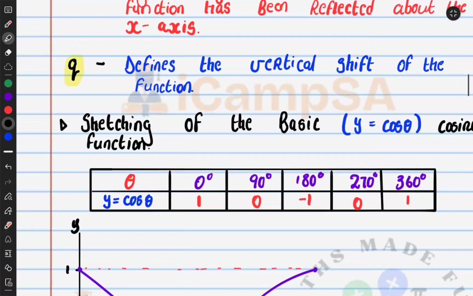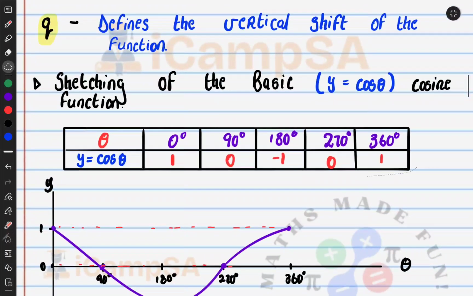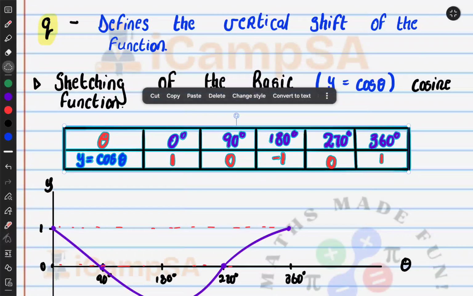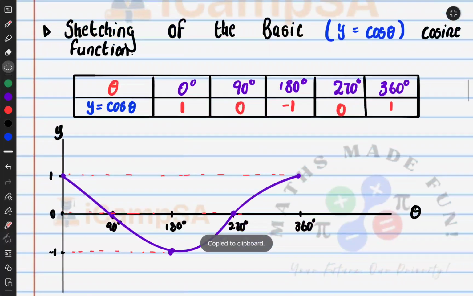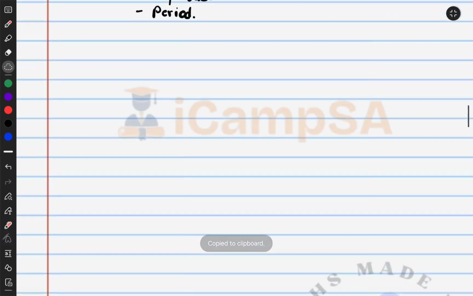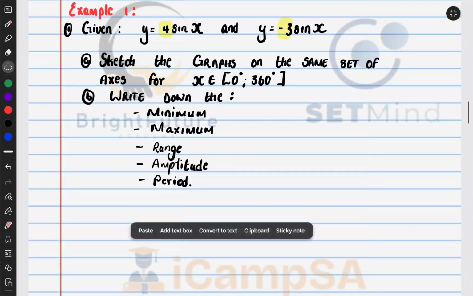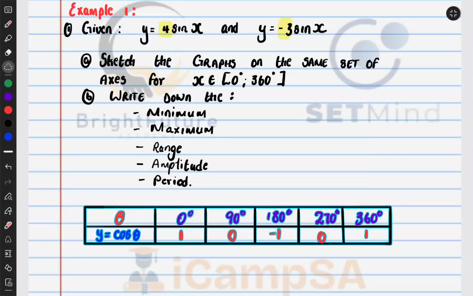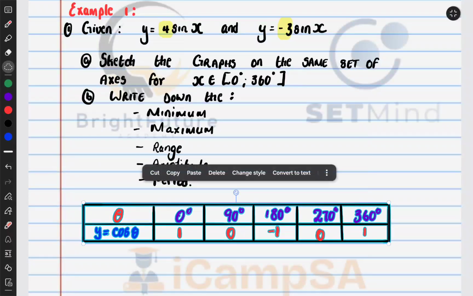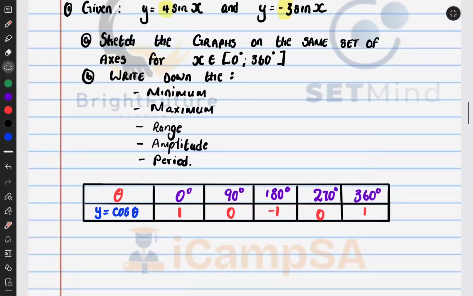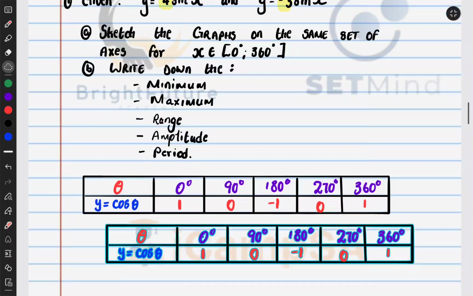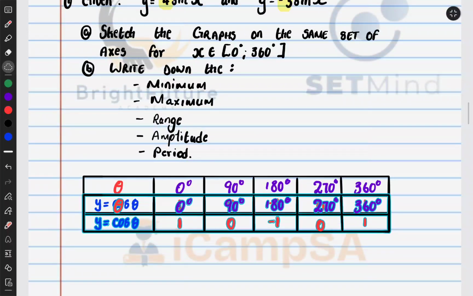Let me see if I can just copy this one here. Let's complete the table for these two functions. Okay, and then let me paste again and see.